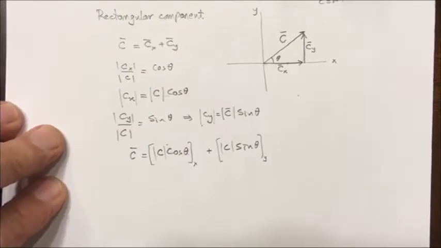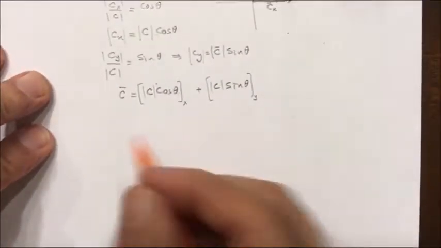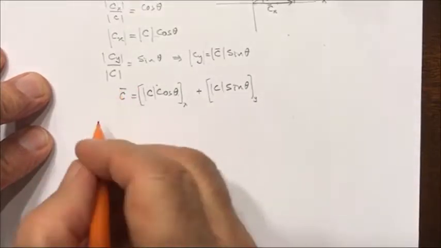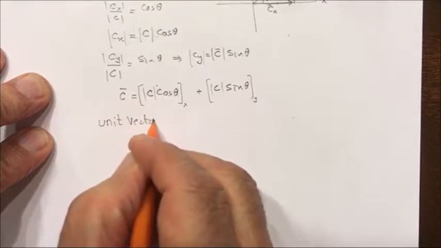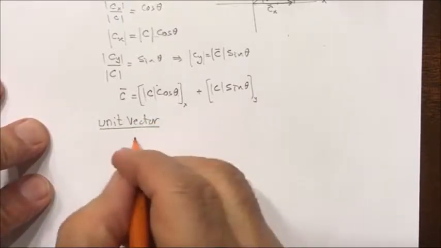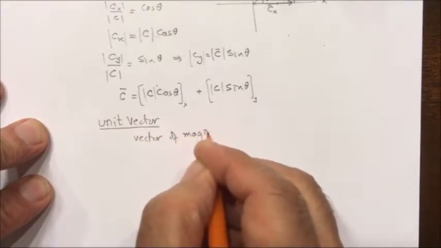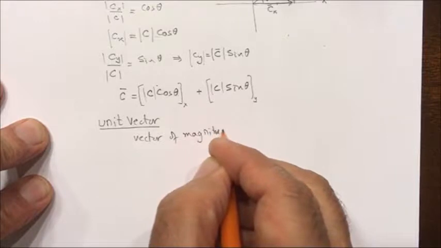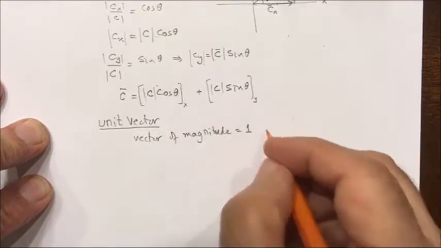So to indicate the direction, we have something extremely useful which is called the unit vector. A unit vector is a vector of magnitude 1, and it has some direction.